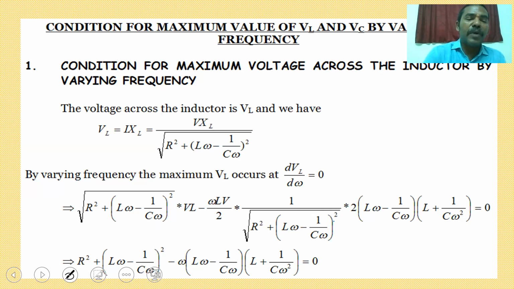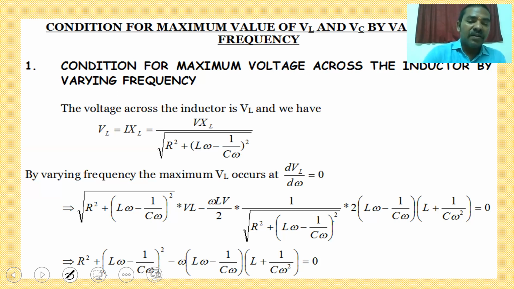So we are going for the U by V formula for the above equation. So root of R square plus (L omega minus 1 by C omega) square into V into L minus omega L into V by 2 into 1 by root of R square plus (L omega minus 1 by C omega) square into 2 times of (L omega minus 1 by C omega) into (L plus 1 by C omega square) is equal to 0. So each term you are differentiating with respect to omega.